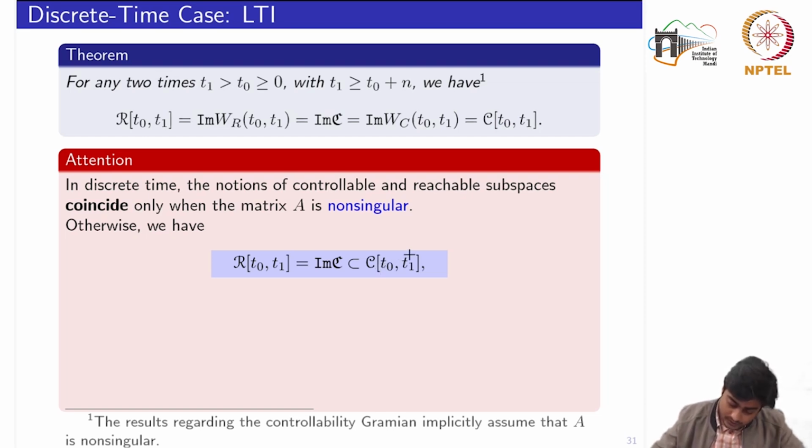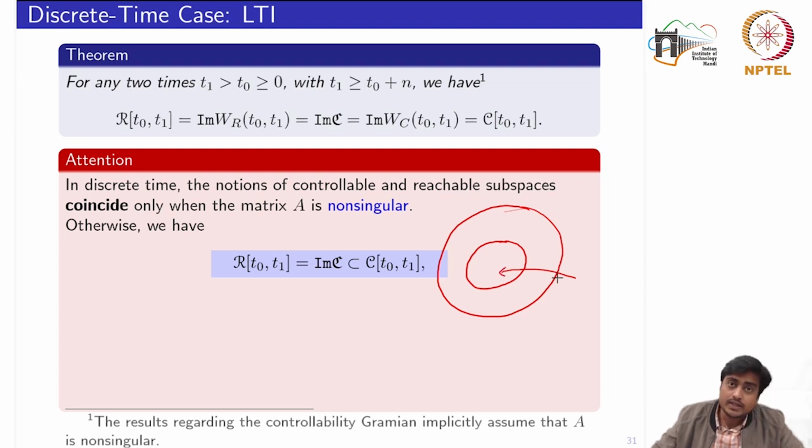Okay, so try to visualize what is happening here. If the matrix A is non-singular, it is pretty clear that we will have equivalence on both sides. But now let's say we have this bigger space and a subspace of it.